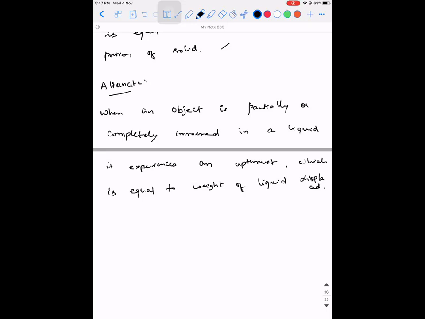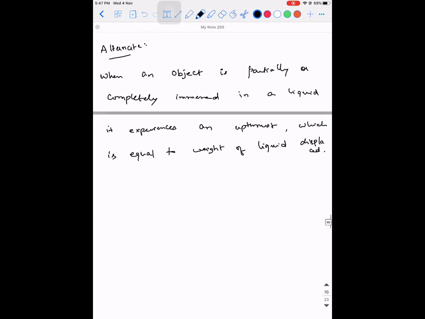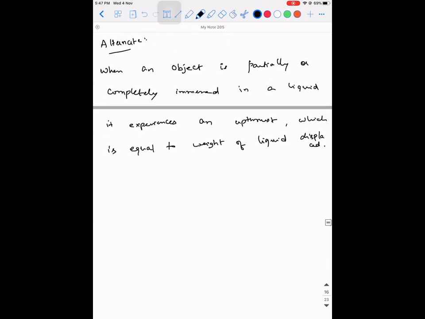If you have written down the statement, let me explain what the statement actually means. Listen. By now, I hope everyone is clear with the meaning of displaced liquid, right? This is the liquid alone.